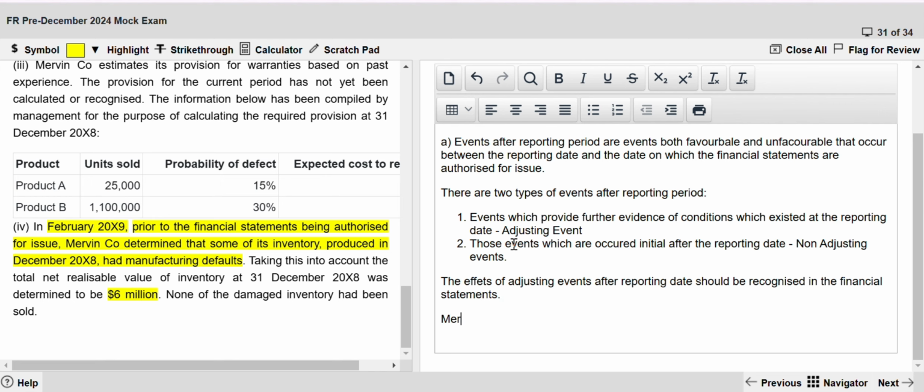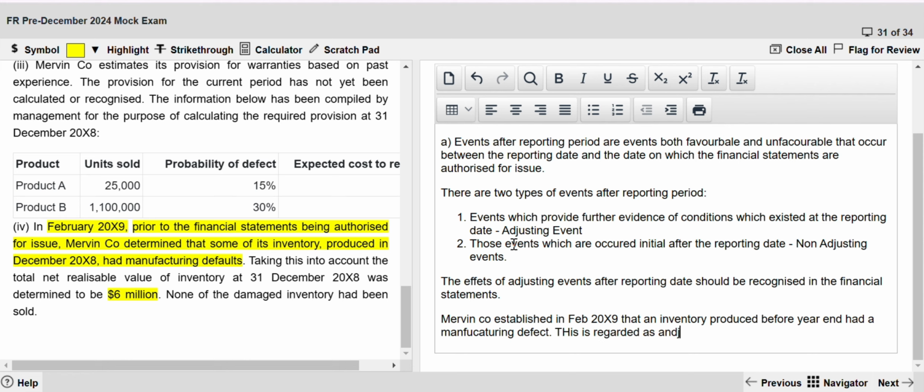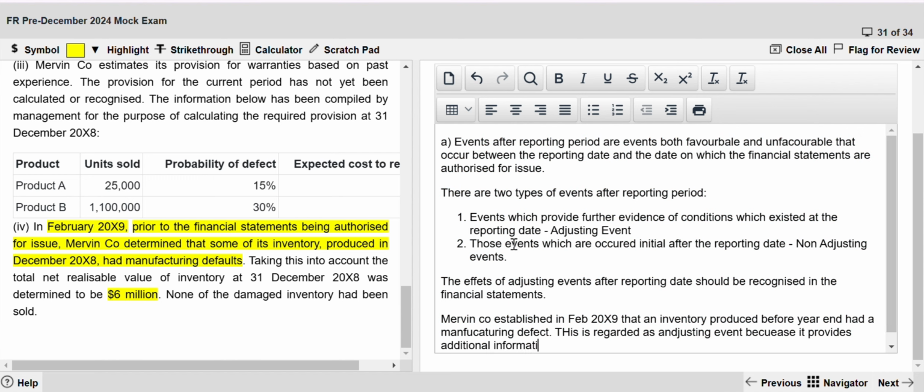Right? Mervyn company established in February 2000 X9 that an inventory produced before year end had a manufacturing defect. This is regarded as an adjusting event because it provides additional information for inventories purchased before the year end.